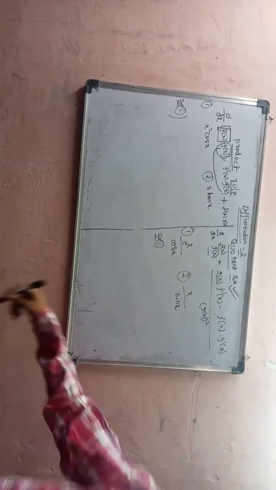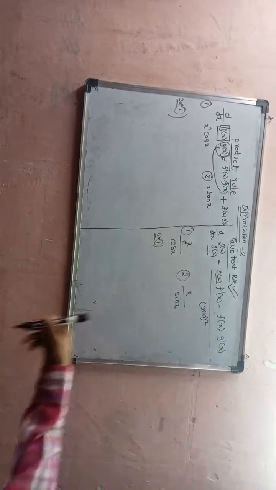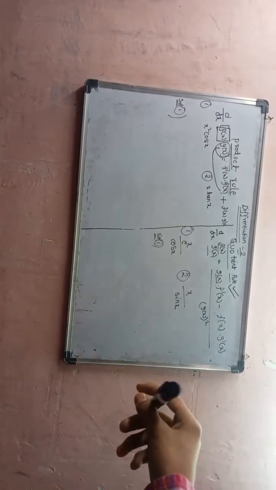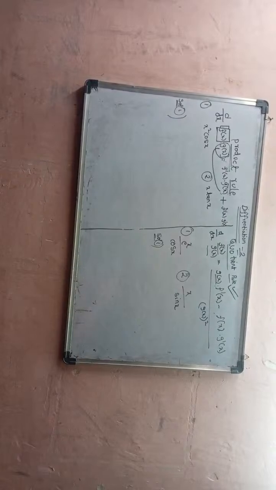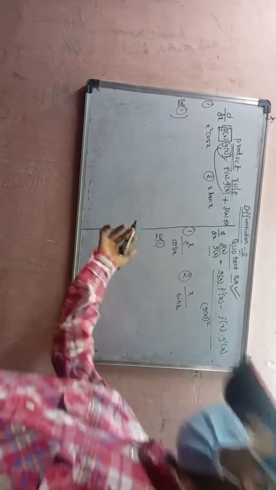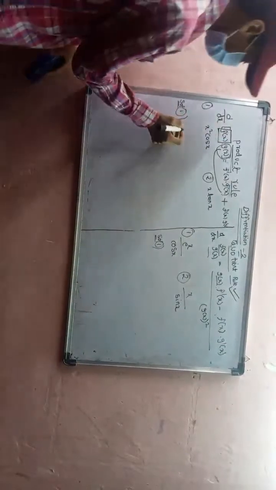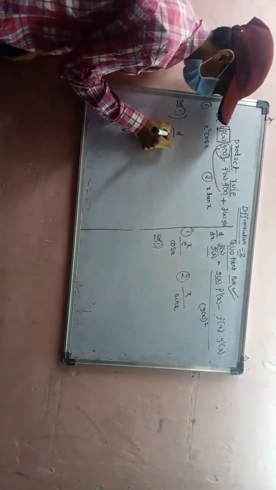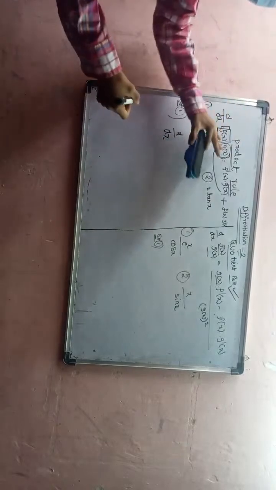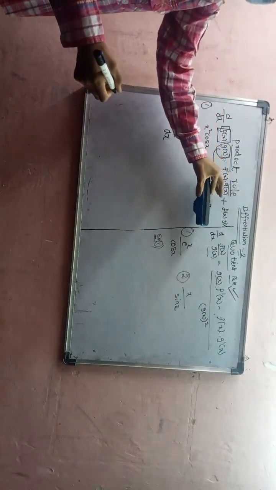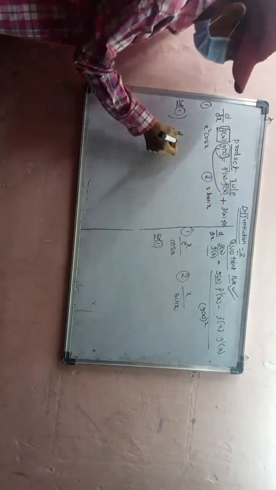Now see here, the first example is x square cos x. So how to do this? As you know, it is f dash of x into g of x plus f of x into g dash of x.